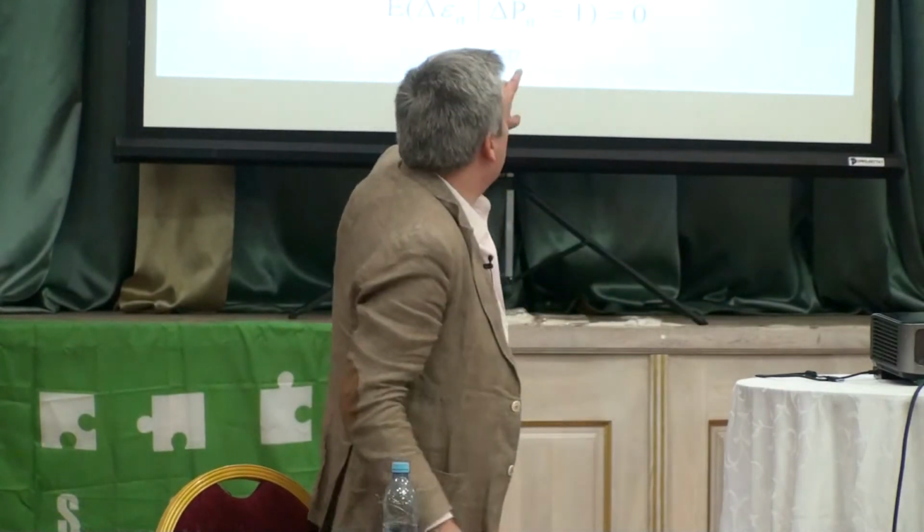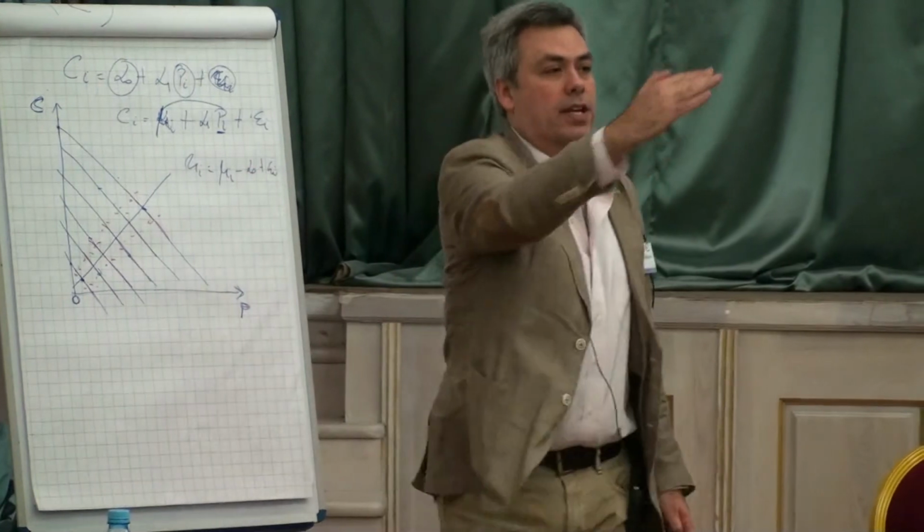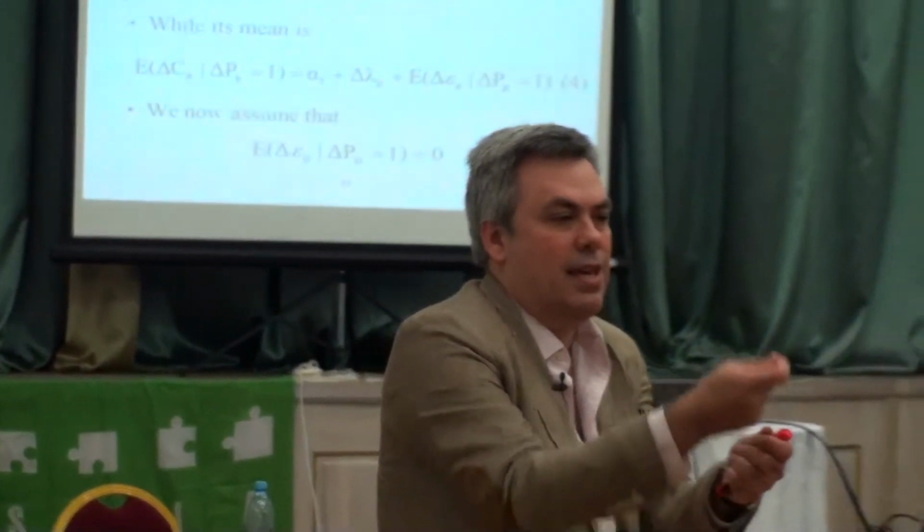But that's not my question. My question is, what's the change in the expectation of epsilon given that we are looking at the cities that increase police? We don't know. If all the increase in police is driven by the same logic of the theoretical model, of the optimal allocation, it's not 0. It's likely to be positive. It's like when I see a positive shock to crime, I increase police.